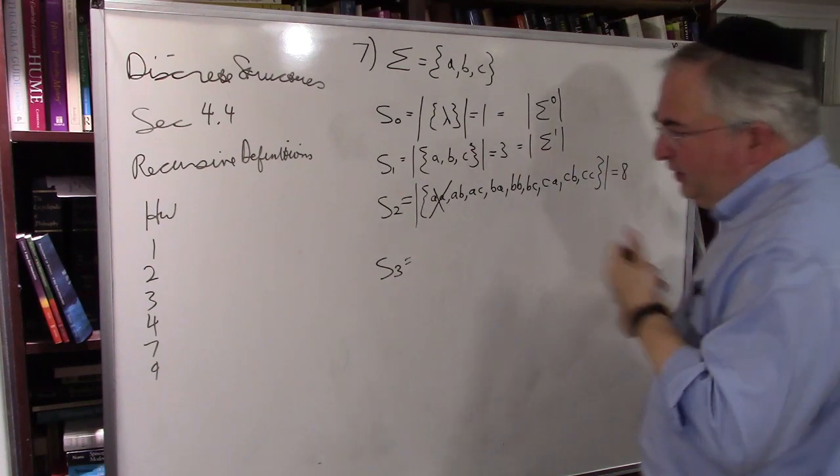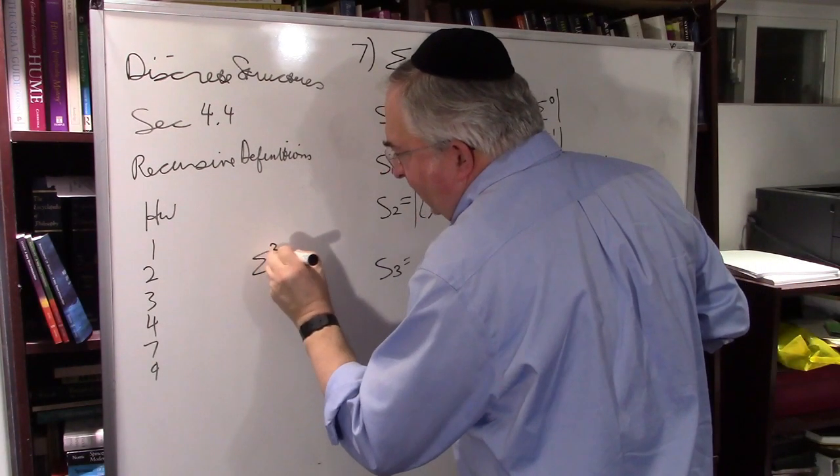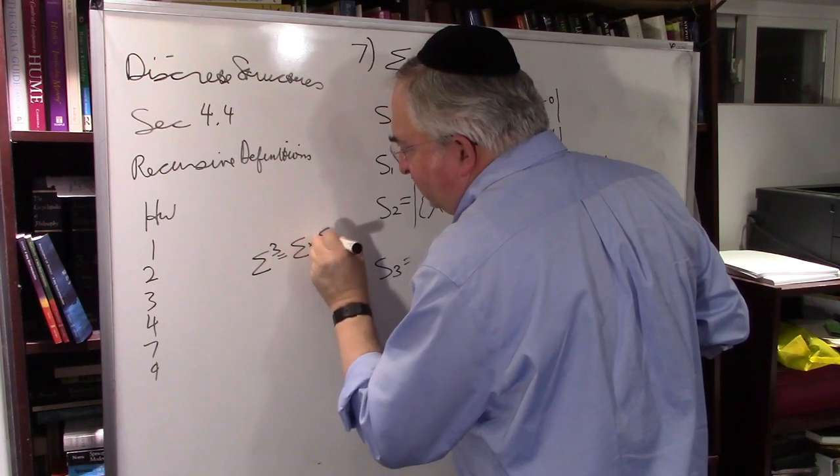So you can think of sigma 3 as sigma times sigma squared.